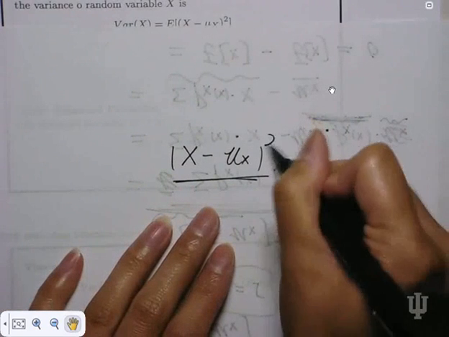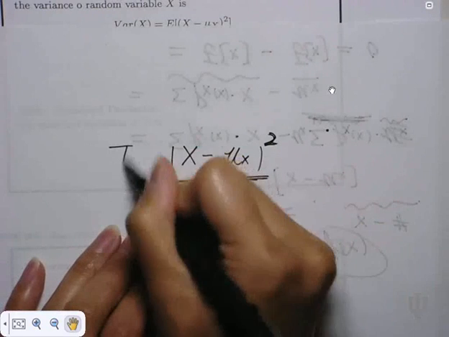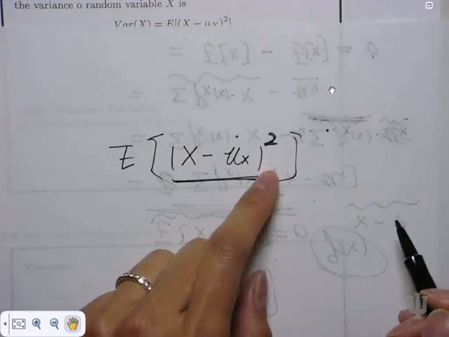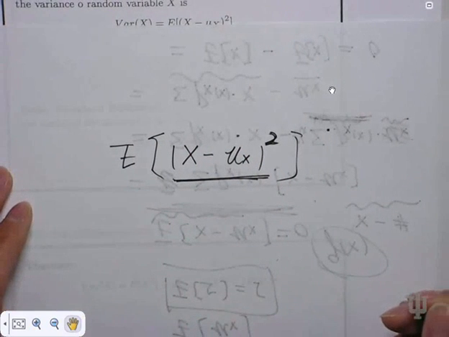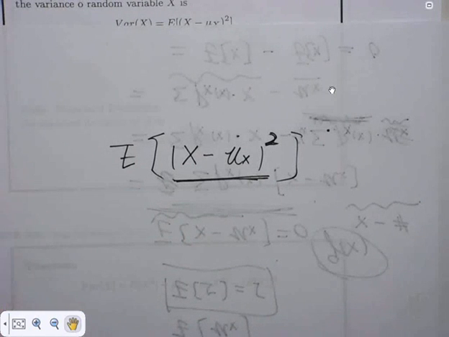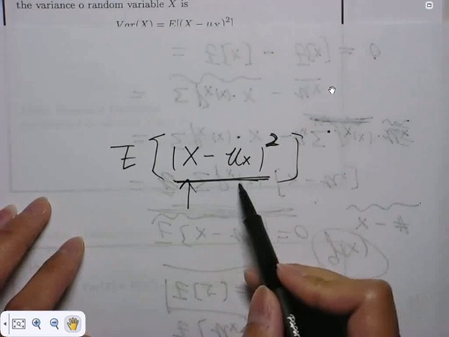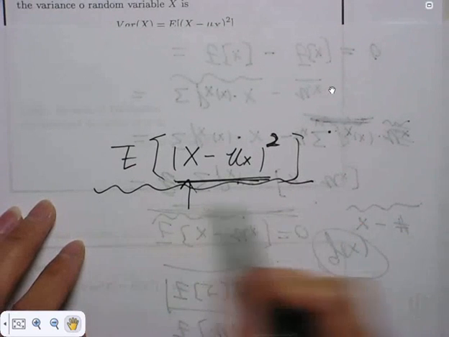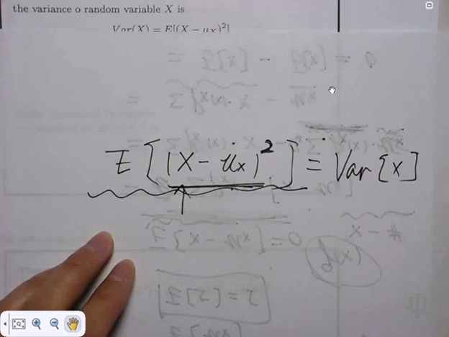So someone invented this definition. If I put a square here, it's somehow like an absolute value, right? It doesn't have positive and negative. It just represents the length or the distance. So each sample, how different it is from the expected value. And then I take the expected value of this. That is my variance of x.